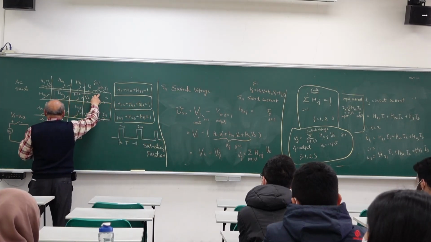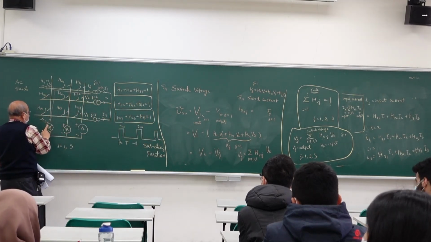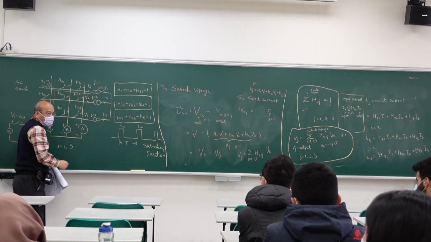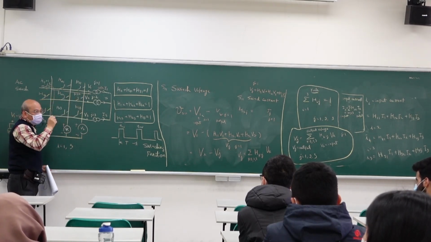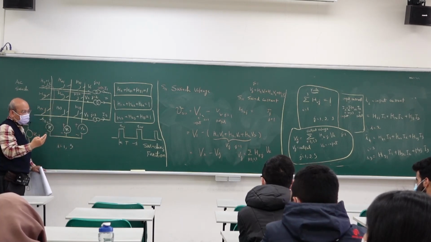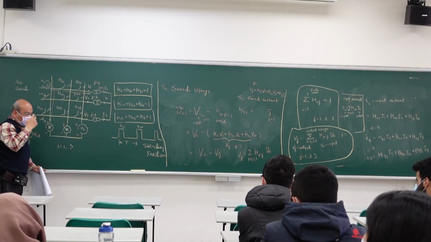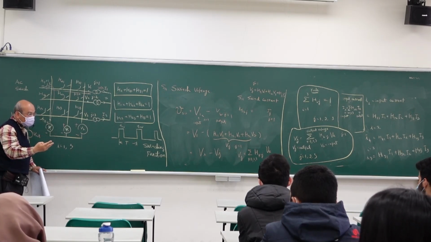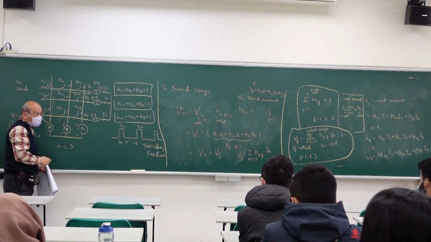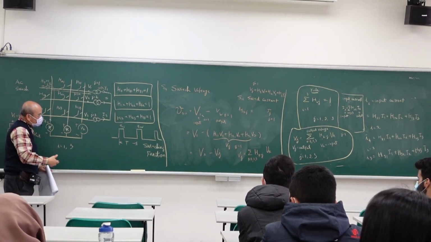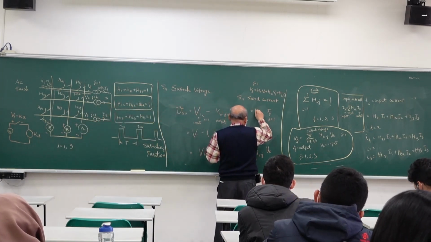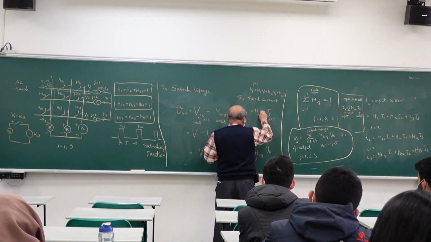However, the 10 ampere comes from three ways. This switch turns on, this switch turns on, and then this switch turns on, right? Total is 10 ampere. For each switch, maybe only 3.3 ampere, because you have three switches to share 10 ampere. So how can you describe this behavior? Then you have to multiply by the duty cycle, Hij.